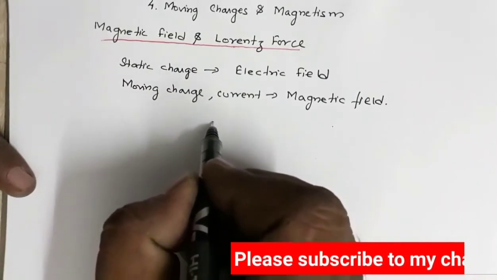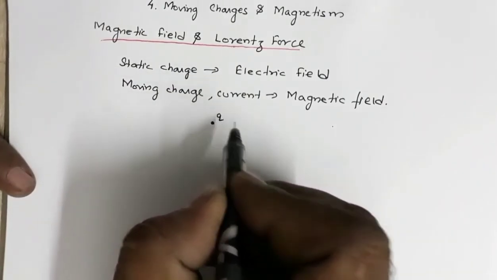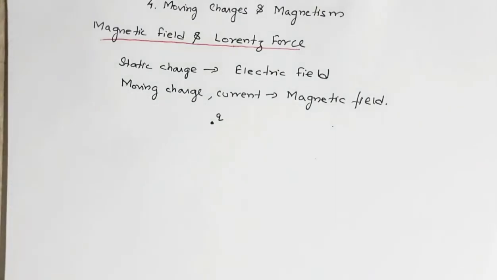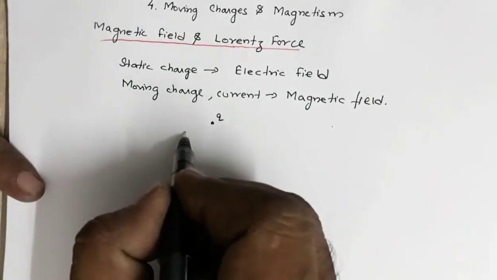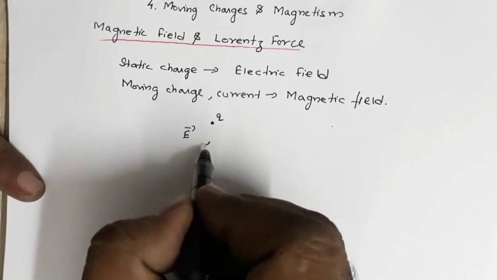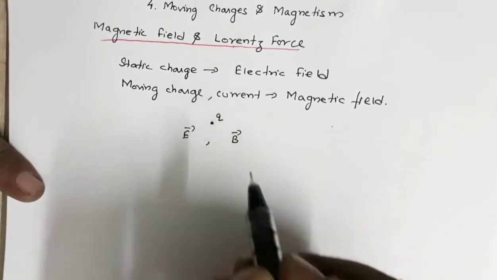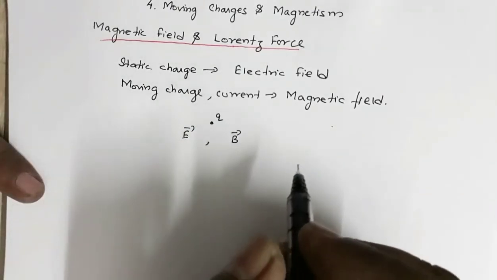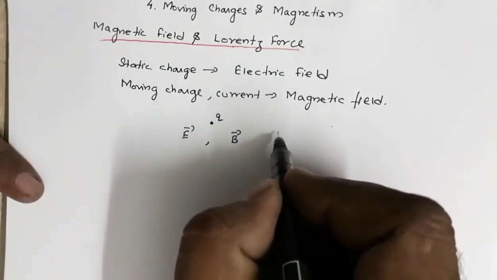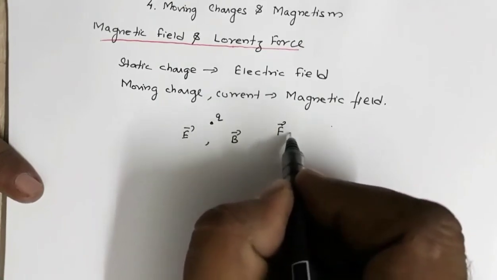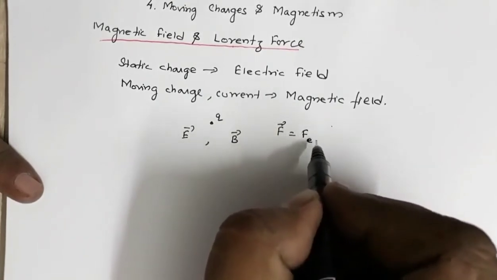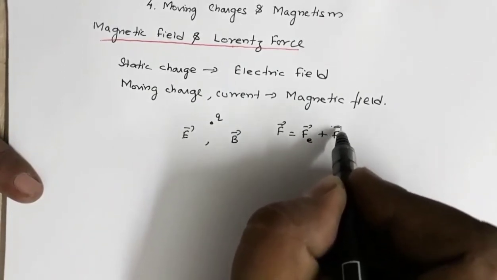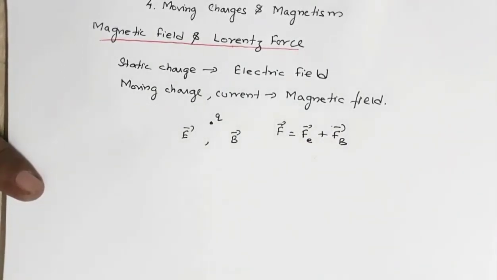Now if a charge Q is subjected to electric field E and magnetic field B, then the force on this charge is the vector sum of force due to electric field and force due to magnetic field. Okay.